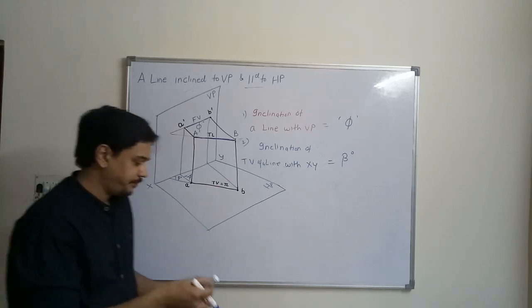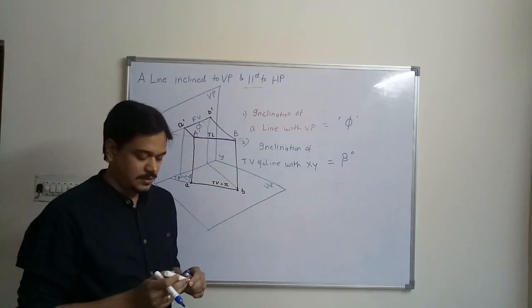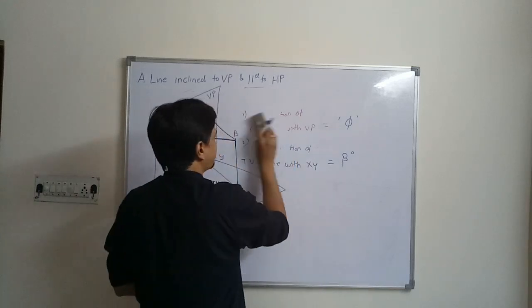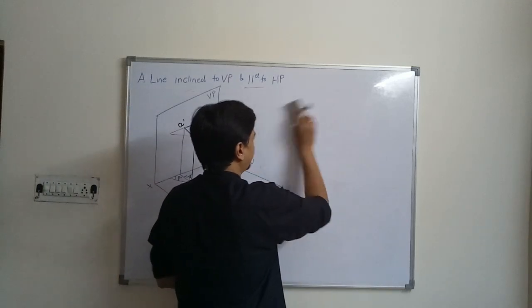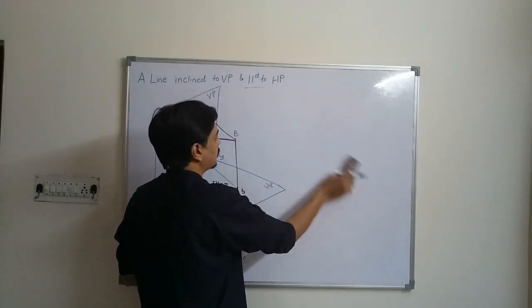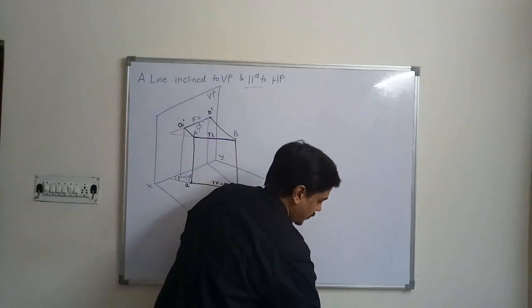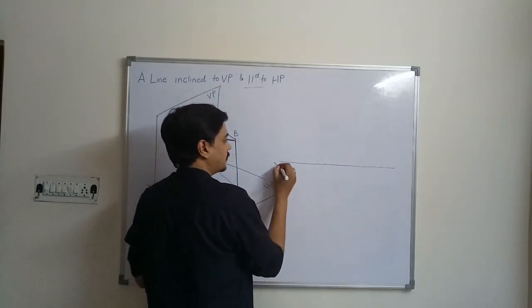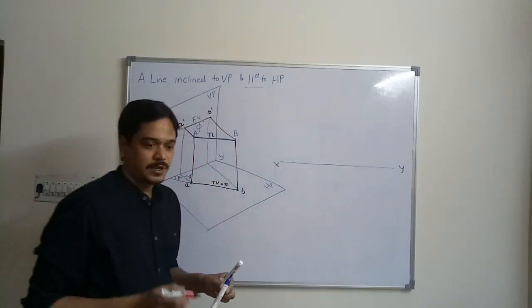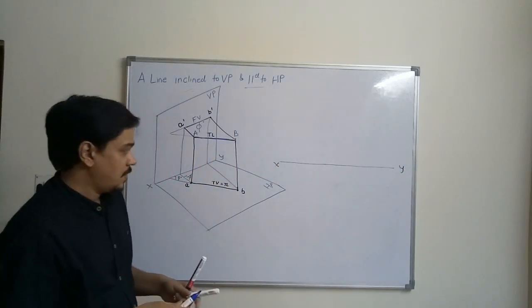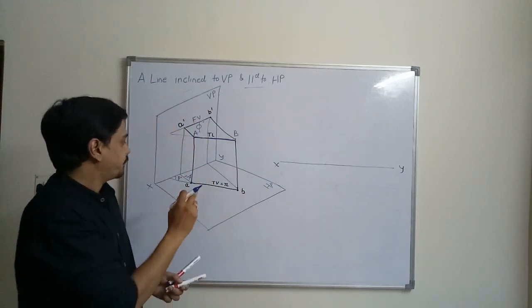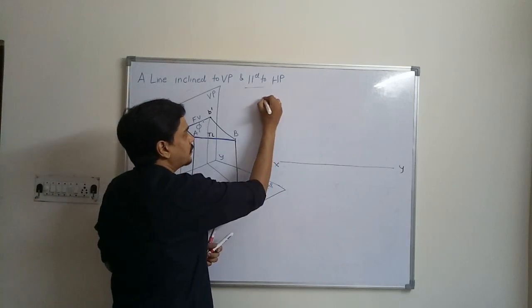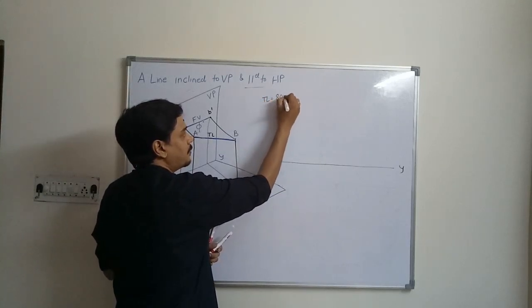So let us draw this situation in two-dimensional. So this is the xy line. First, let us assume some data. Let us assume that the true length of the line is 80 mm.